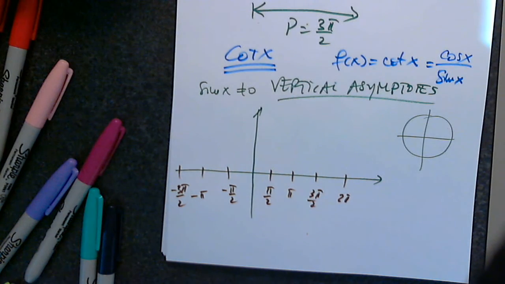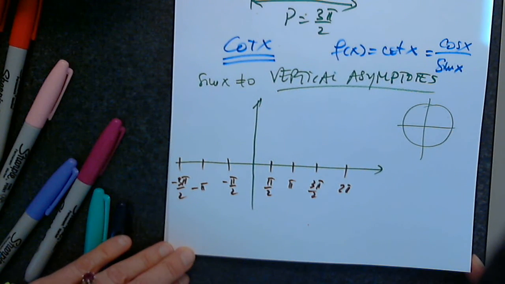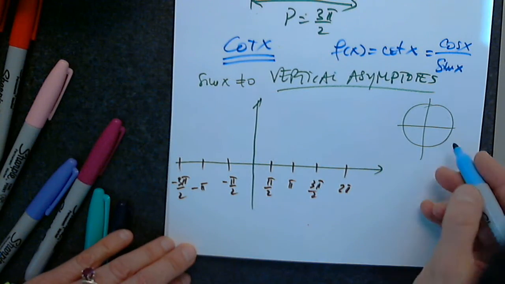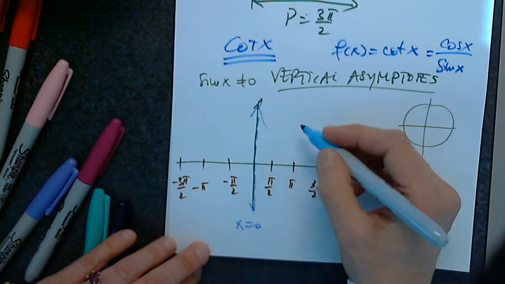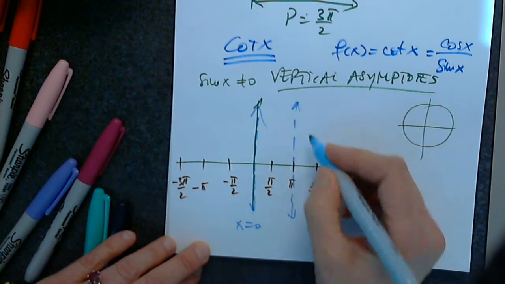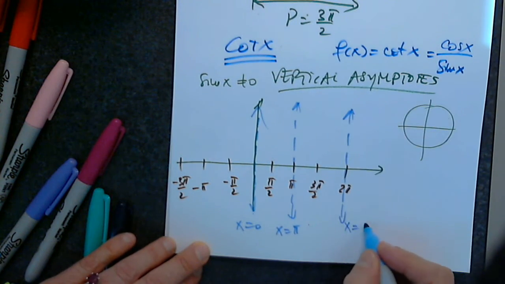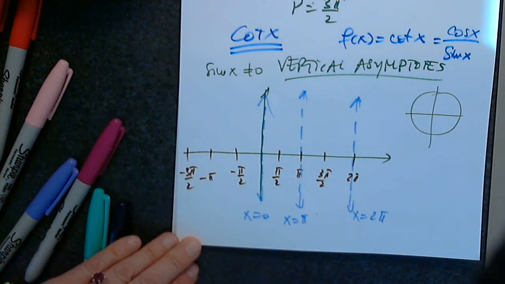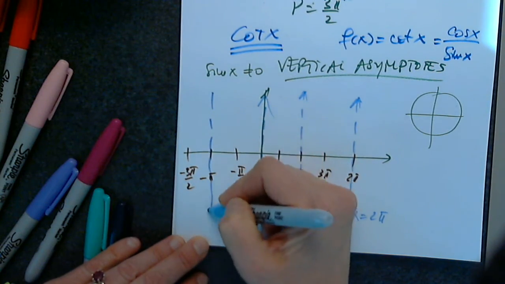So where is sine 0? Because I will have to draw the vertical asymptote there. Sine is 0 at 0, at pi, and 2 pi, and on the negative side, and so on and so forth.